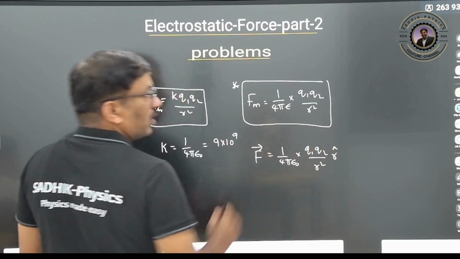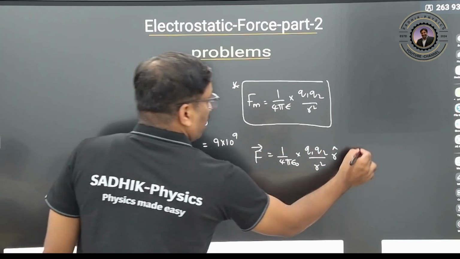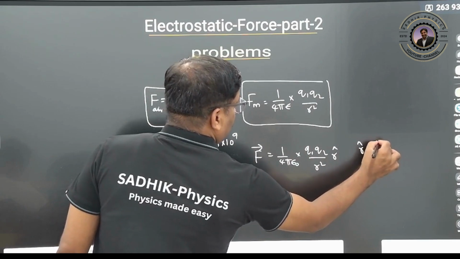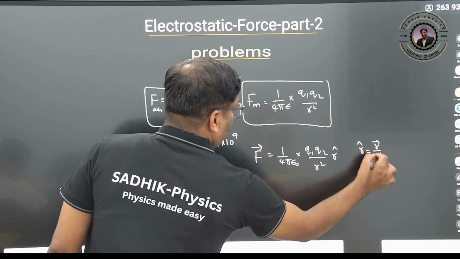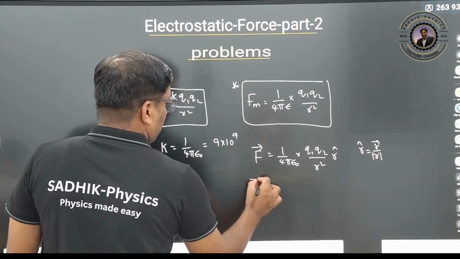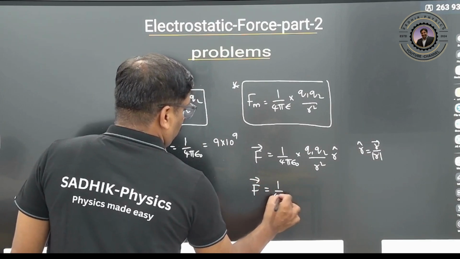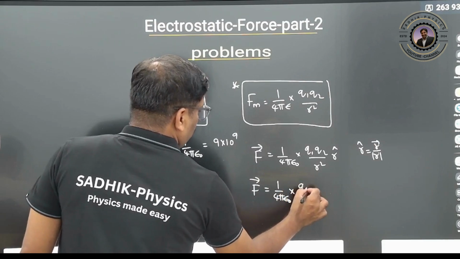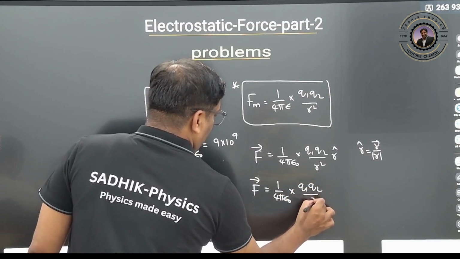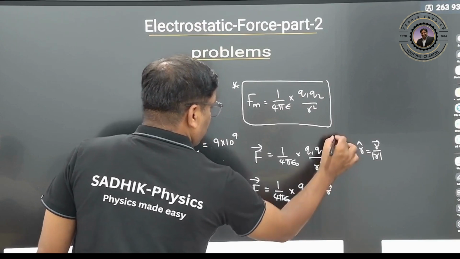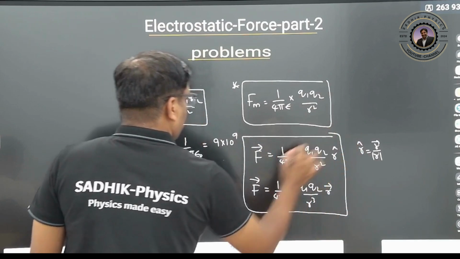R cap is the unit vector. The unit vector formula is R vector by modulus of R. So you can rewrite it as F equals 1 by 4 pi epsilon naught into Q1 Q2 by R cube into R vector. This is the vector form.